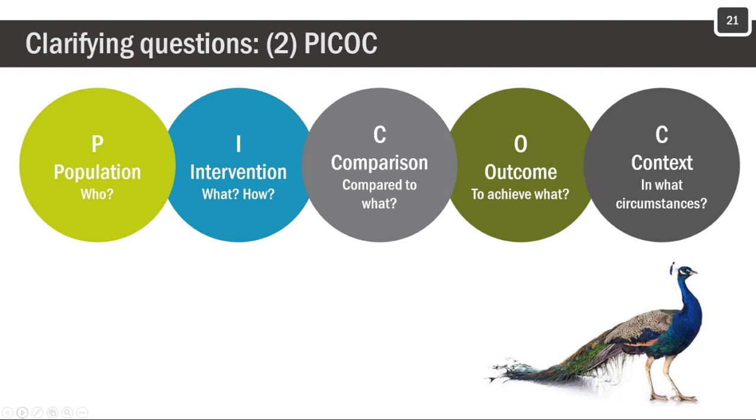Does recent history of the organization, say its past performance, mergers, other important events, would matter to your question? And the abbreviation for these clarifying questions, as you see, based on the first letters of every word, is PICOC, and obviously, it would be spelled differently from the name of the bird, but at least it helps as a useful mnemonic.